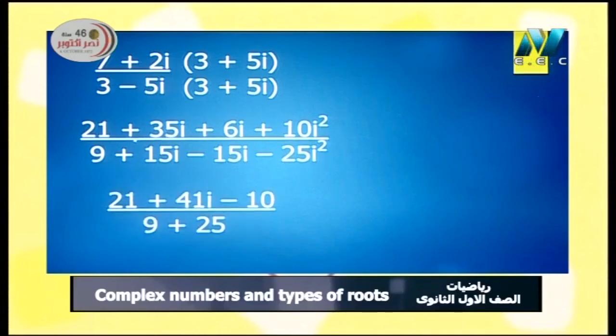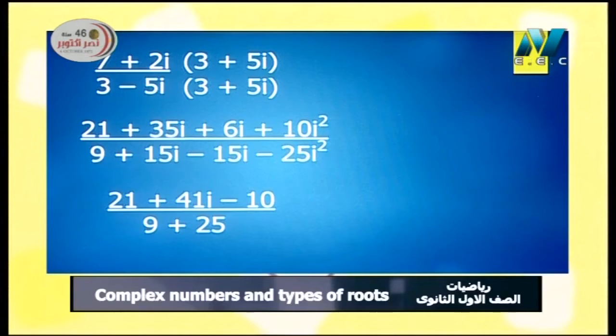We will simplify this expression. Numerator first. We have 21 staying as it is because we have no like term with it. 35i plus 6i equals 41i. And don't forget that i squared equals negative 1. So negative 1 times 10 equals negative 10.